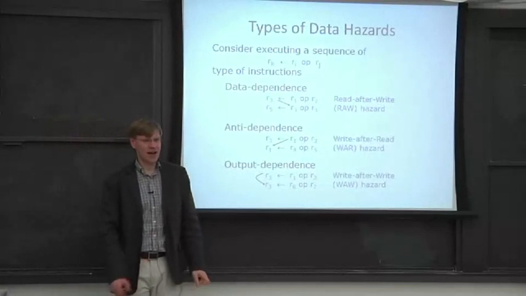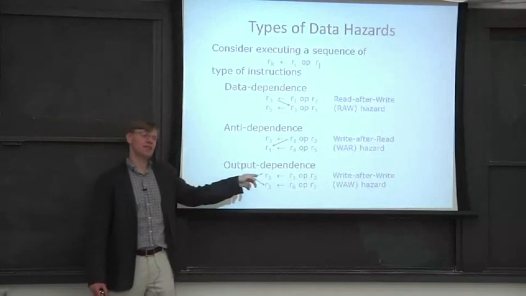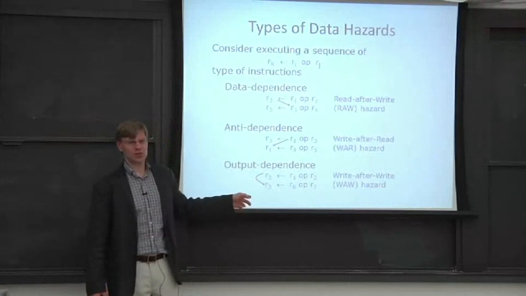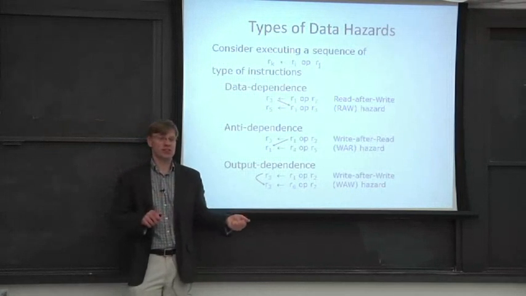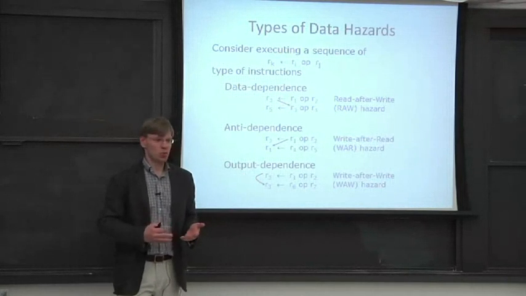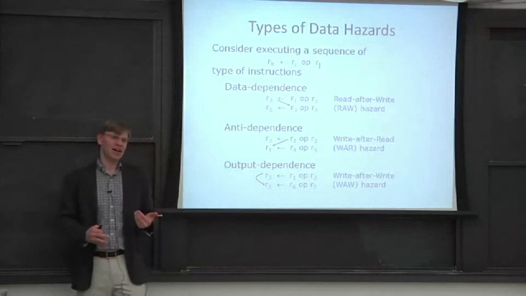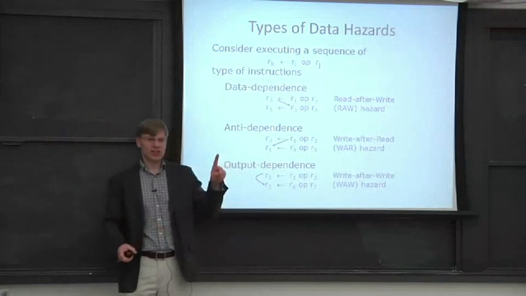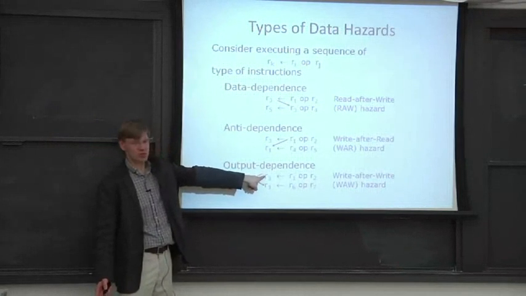OK, output dependencies. This is something that you could even think of happening on a simple in-order processor core if you write back to the register file from different stages. Let's take an example. If you have a multiplier, like in your lab, which writes at the end of the pipe and has a very high latency, and then you have an instruction like an add, which tries to write to the register file early, you might write this instruction's result to register 3 before that instruction's result.